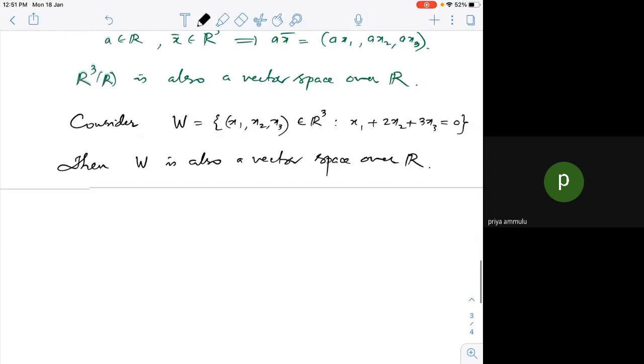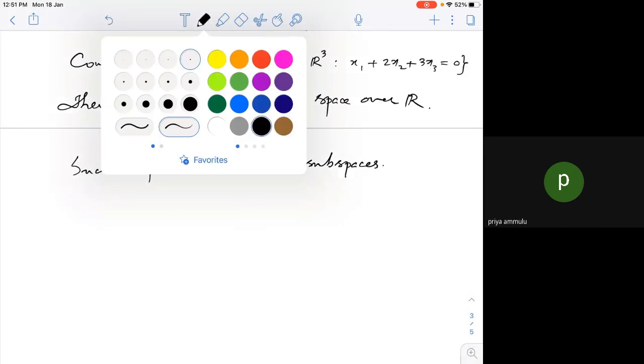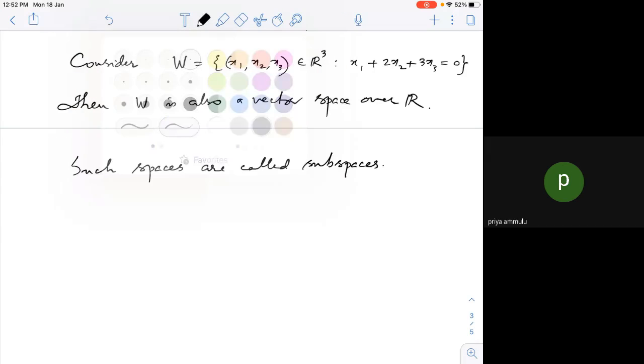And such spaces are called subspaces of the original vector space V. In other words, if I look at this particular thing geometrically, what actually are the members of this W?